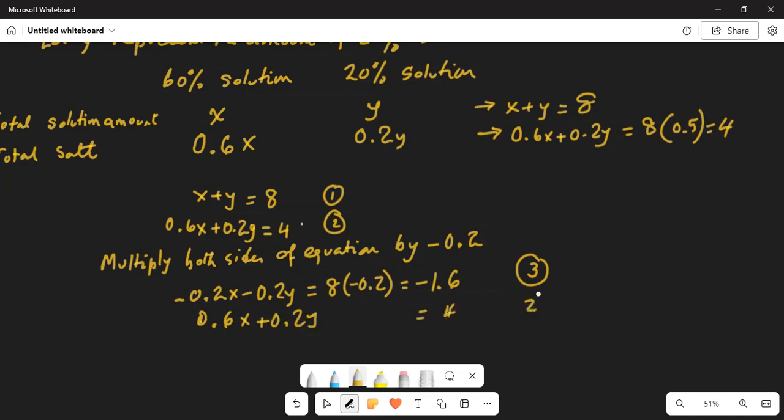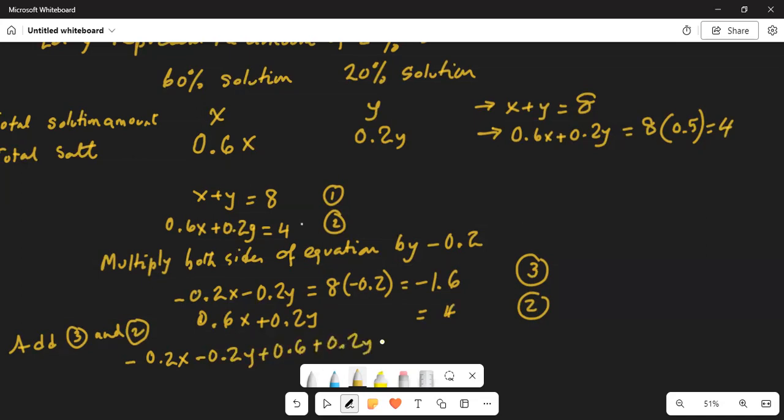So we are going to add them together, and 0.2Y will cancel with negative 0.2Y. So, adding equations 3 and 2: minus 0.2X minus 0.2Y plus 0.6X plus 0.2Y is equal to minus 1.6 plus 4.